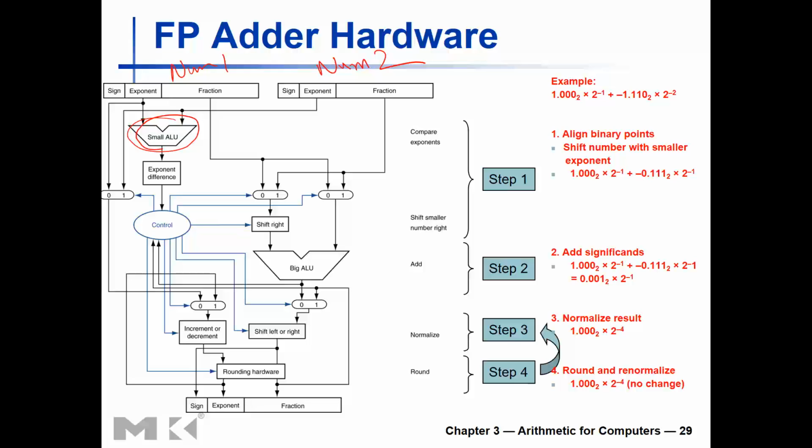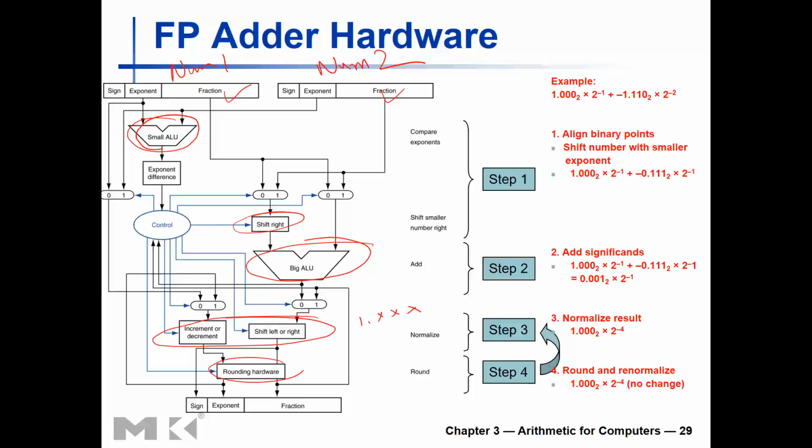And then we shift those fractions. We shift this fraction or this fraction based on the larger of the two exponents, and then we add the significance. Once we add the significance, we have to check if the result is normalized. If it is not normalized, we have to normalize it by shifting left or right, so that we have 1.xxxx as a result.